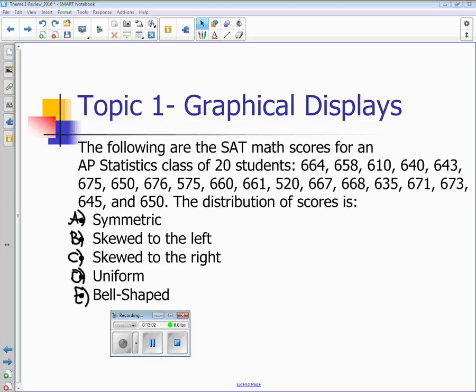Okay. What kind of a shape? First of all, I'm going to look at my answer choices without even doing anything, and there is something I can eliminate right away. Which answer choice can I eliminate just by glancing at my scores? I can eliminate uniform. Why? What would the numbers have to look like in order for it to be uniform?